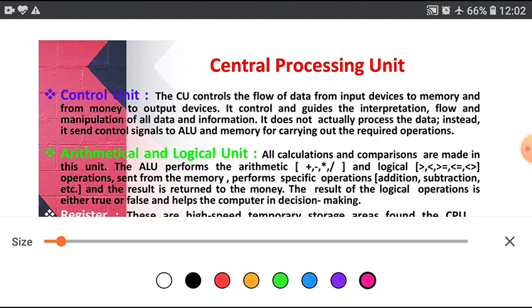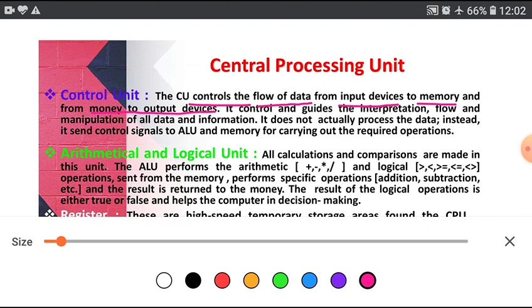CU controls the flow of data from input devices to memory and from memory to output devices.